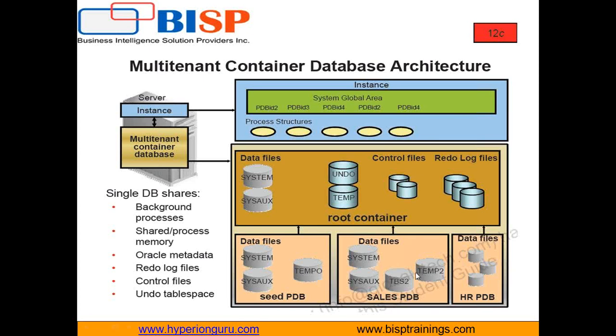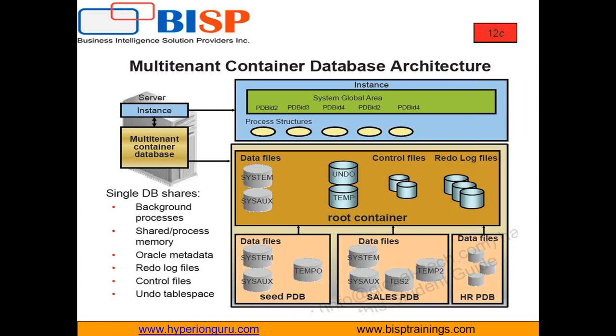Now this is your actual database where you can store your data. So a sales PDB is there, an HR PDB is there. Here you are storing your HR data, here you are storing your sales data, and you can create other PDBs as per your business requirement and project plan. This is where you can store your actual data.